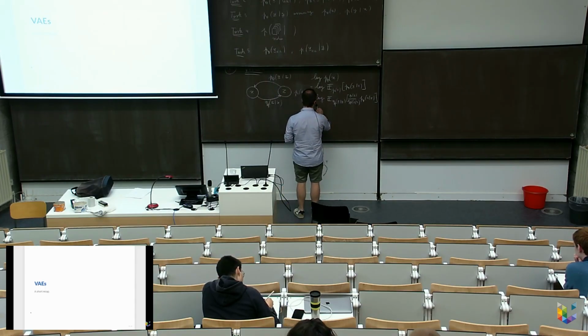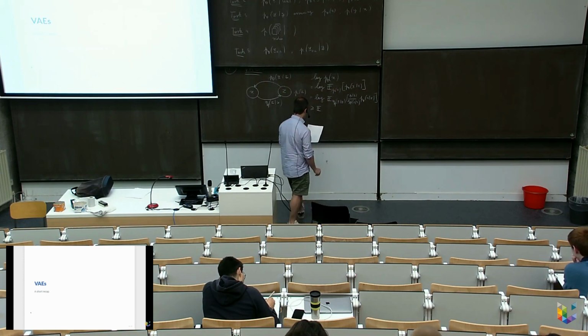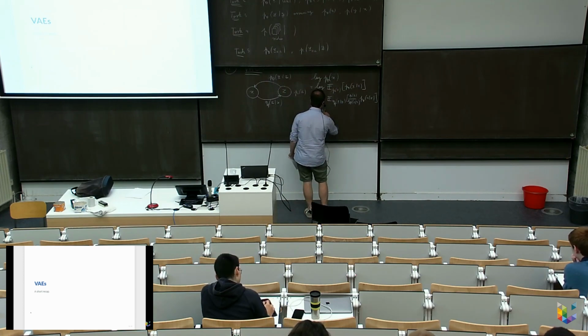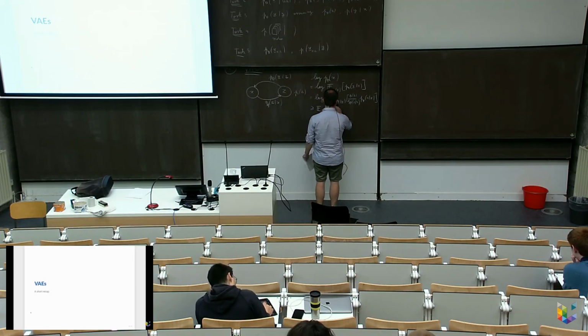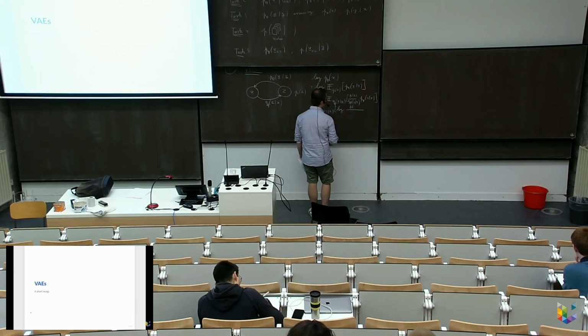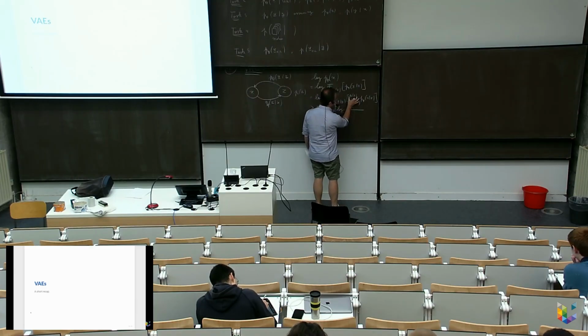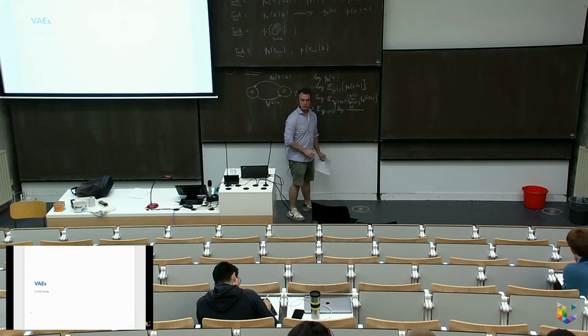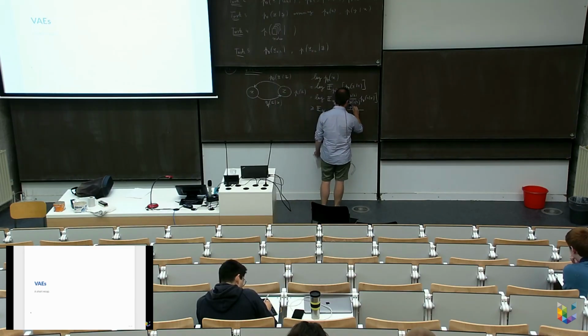The lower bound in this case was equal to the expectation over Q of the logarithm, and I will write it in this form here for today, of the joint of Z and X, coupling these two together as the joint, over this.